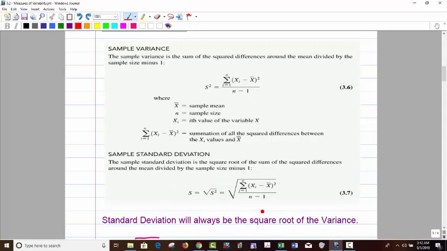Standard deviation is the square root of the variance. Later on, we're going to have a variance formula that's defined as n times p times q, which you'll learn what that is later, of course. That's the variance. That automatically means the standard deviation will be the square root of npq. So standard deviation is always the square root of the variance.